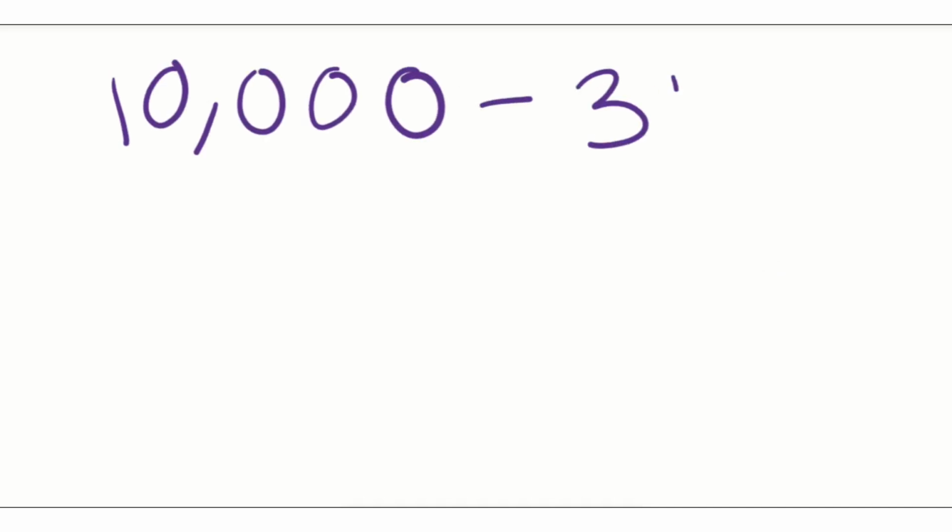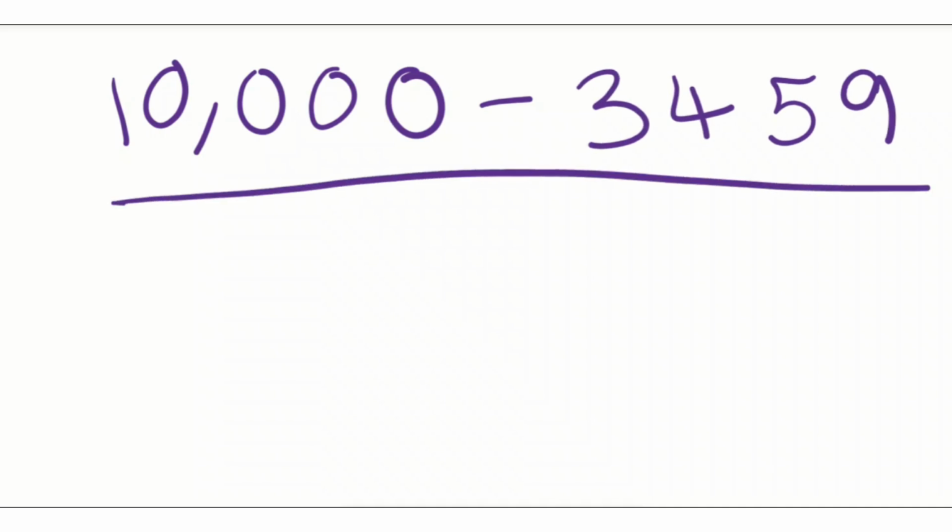Now I'd like you to find out what is 10,000 minus 3459. Because in real life, when you're solving math, no one is going to ask you what is the Nikhilam of a particular number. You are going to be asked questions in the form of expressions like these: addition, subtraction, multiplication, etc. Over here, we're looking at subtraction, right?